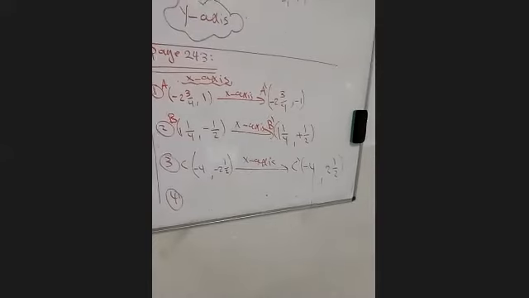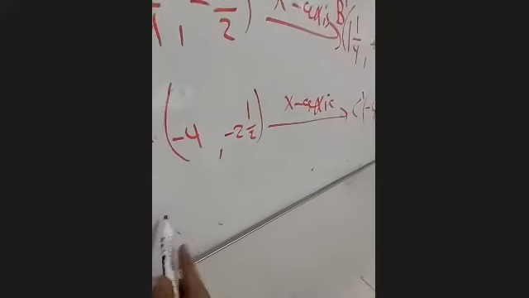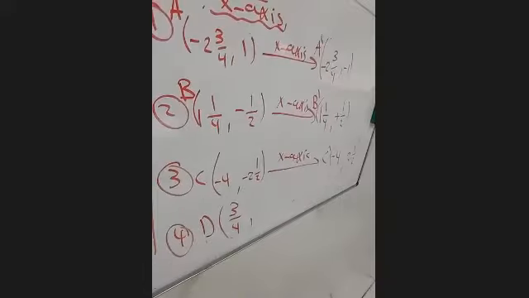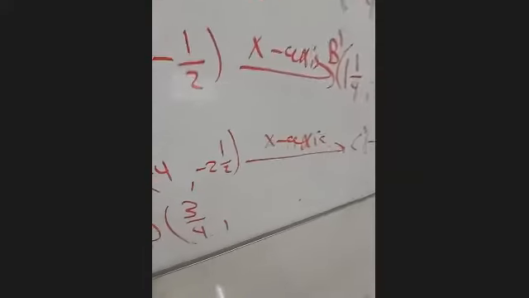Question 4, guys, the last one. Shukri, question 4. It's D, 3 over 4 and 3.